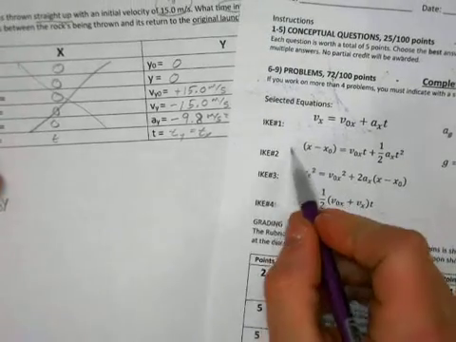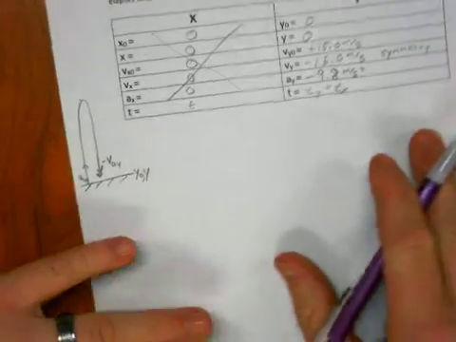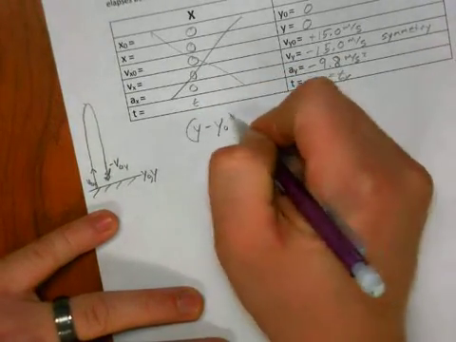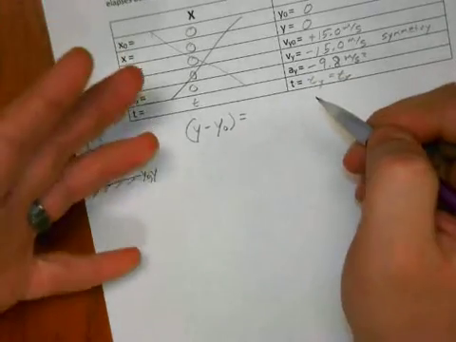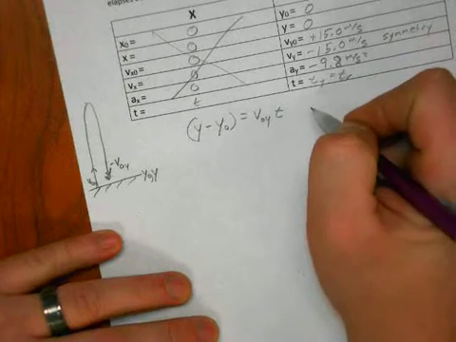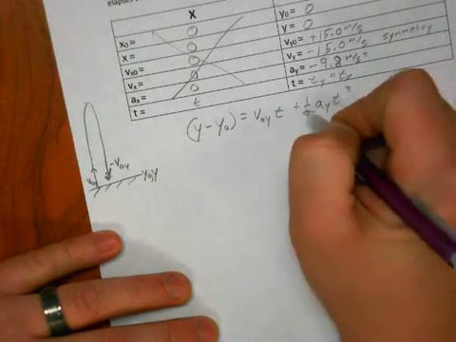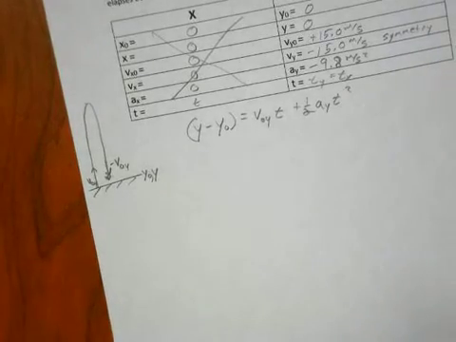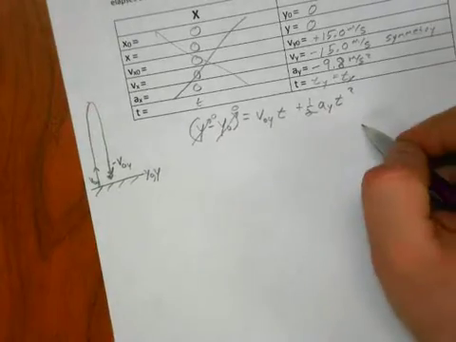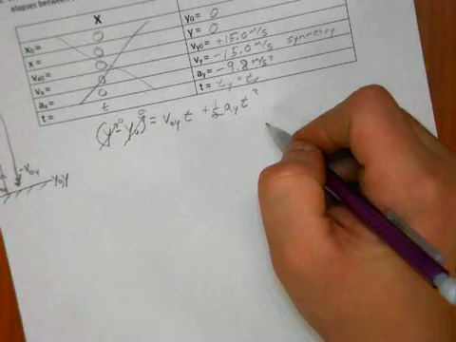Let's start off with the second equation. For some reason, that's the equation I always run to. So y minus y0, all I did was change from x to y, equals v0y t plus 1/2 ay t squared. These are both equal to 0. I'm going to scoot this over here so I'll have room to do something else.